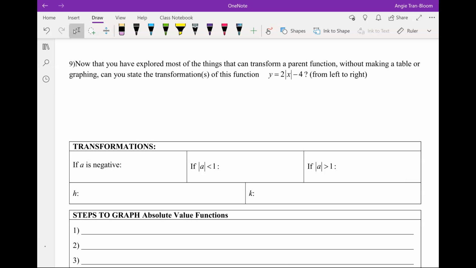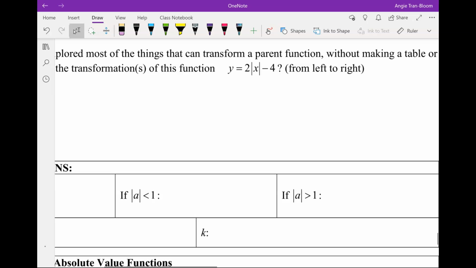How many transformations do you think we have? How many transformations? Shh. I can't let you guys stay focused. How many transformations? 2. The 2 in the front, is that an A value, an X value, an H value, a K value?